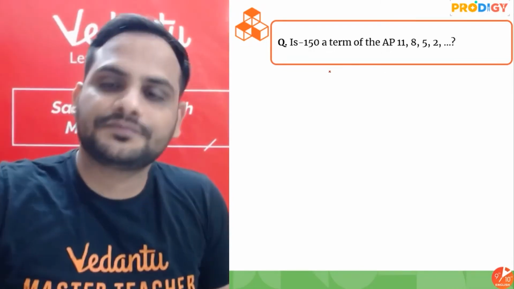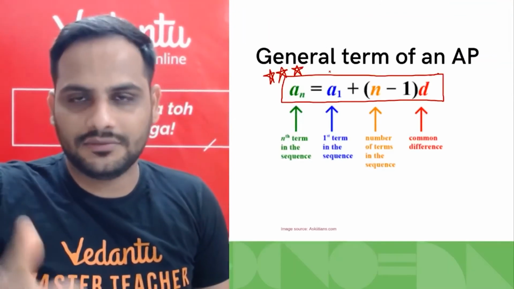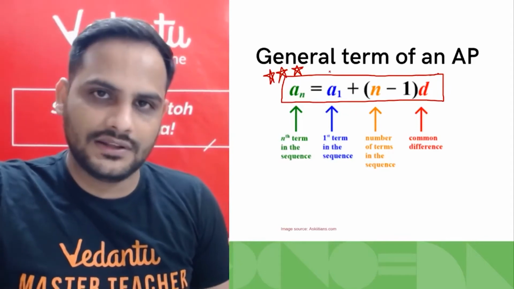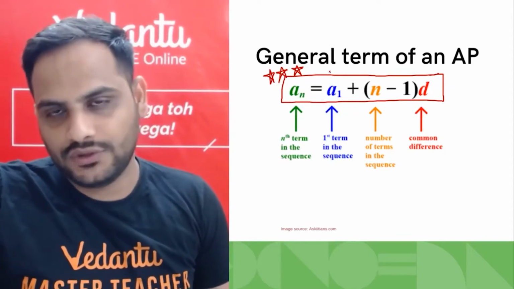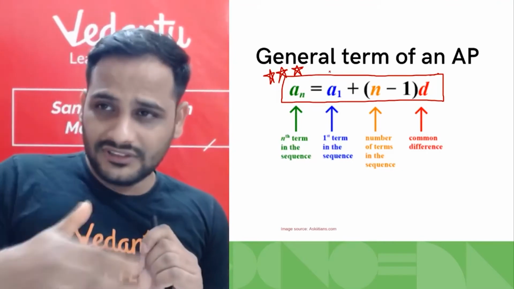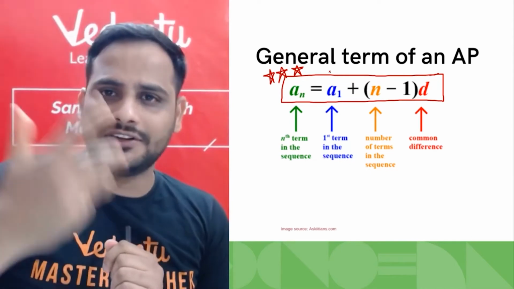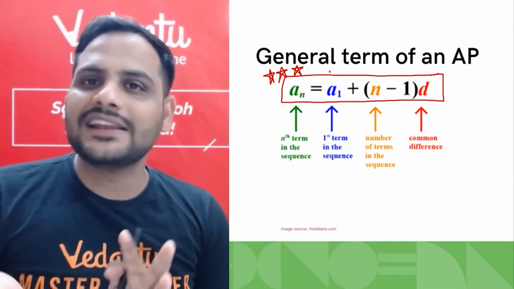Simple logic: n represents the term number. For the first term, n is 1. If it is the second term, n is 2. If it is the third term, n is 3. I cannot say there is a minus 1th term or a half term; there is nothing like that.